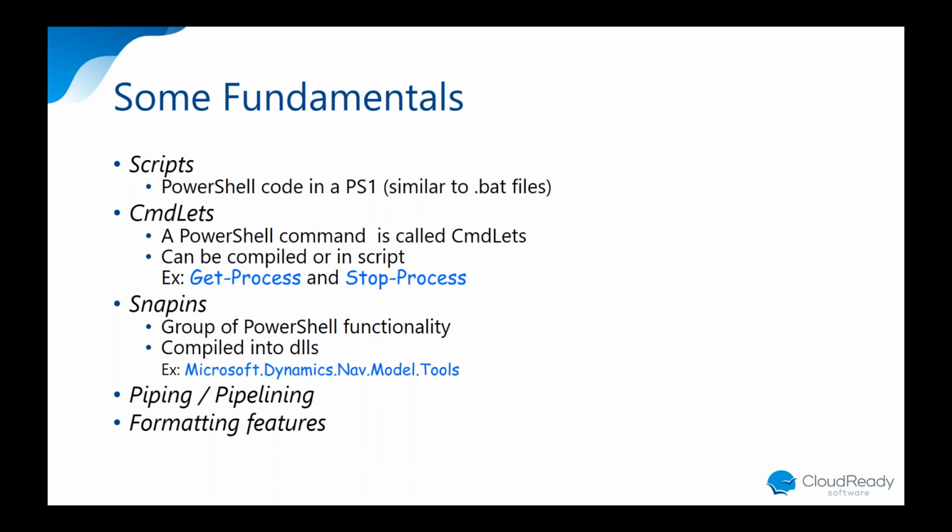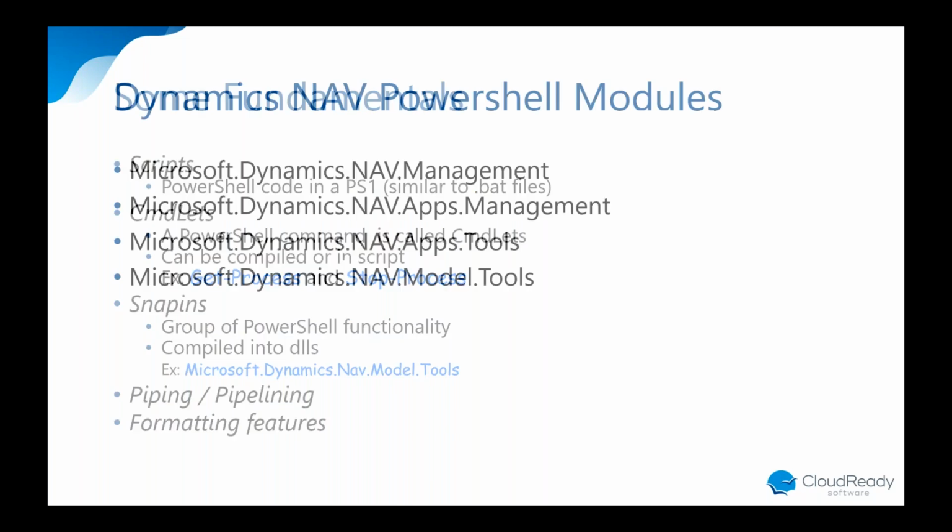You can live without a pipe, but you make your scripts and your code so much more powerful and performant by using the pipe symbol. When you're used to that, it's a very convenient way to write PowerShell code. And then, formatting features. You will see what I mean with that when we go into the examples.